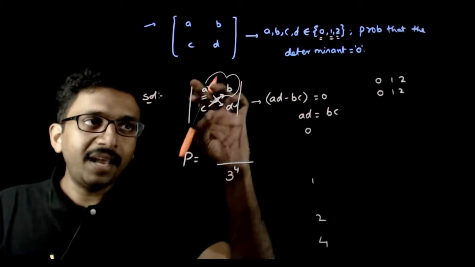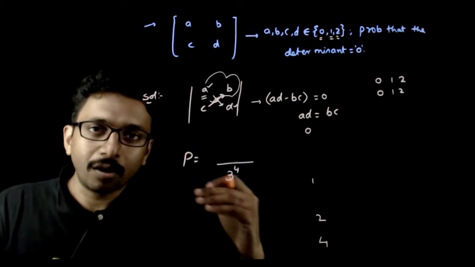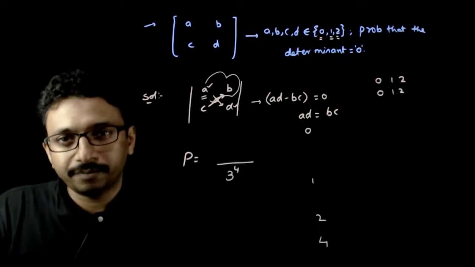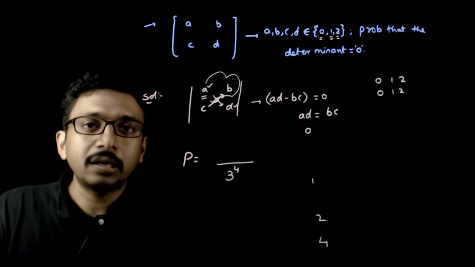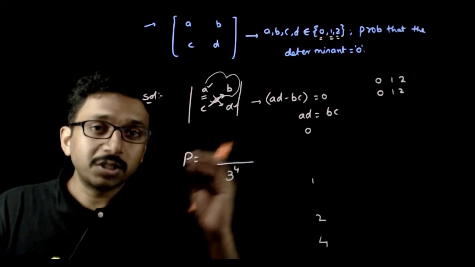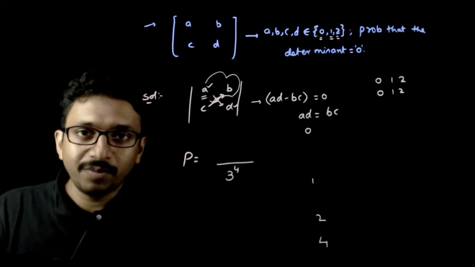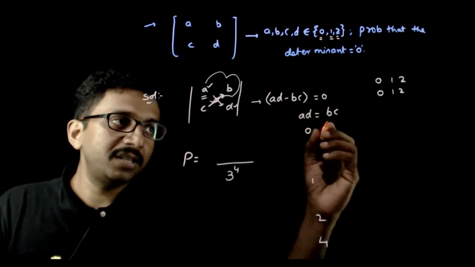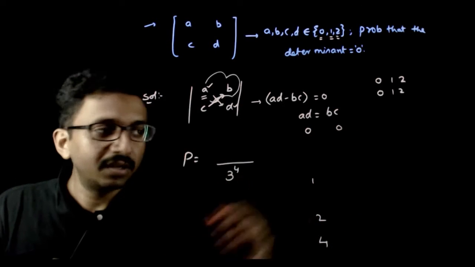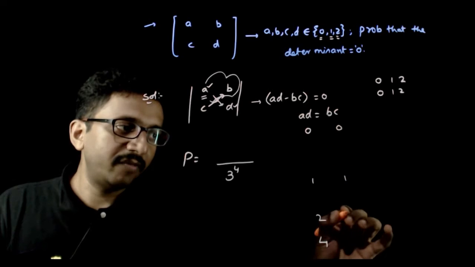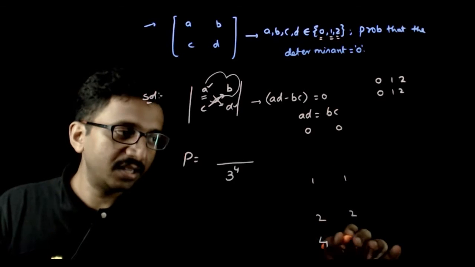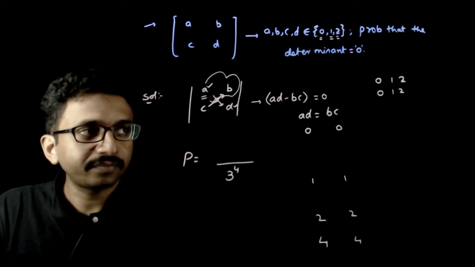If you multiply A into D, you can either get 0 or 1 or 2 or 4. You have 4 different possible values of A into D. Now if AD has to be equal to BC, when AD is equal to 0, BC should also be equal to 0. When AD is 1, BC should be 1. When AD is 2, BC should be 2. When AD is 4, BC should be 4.